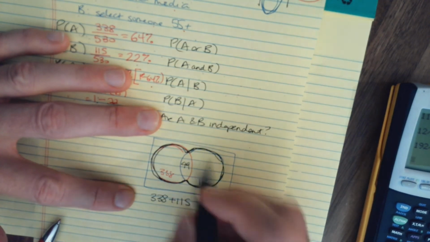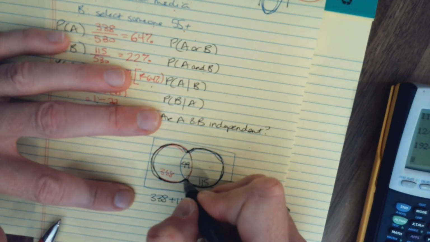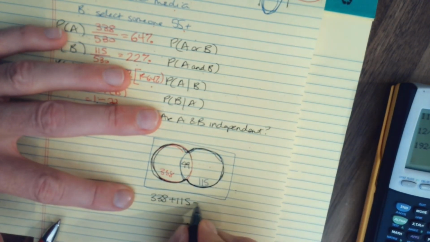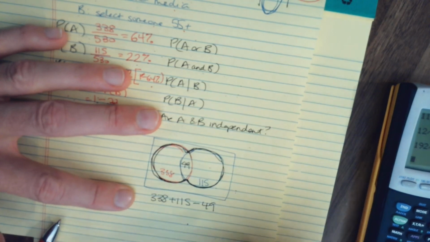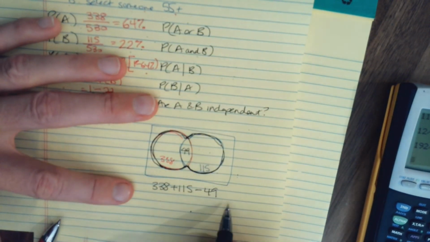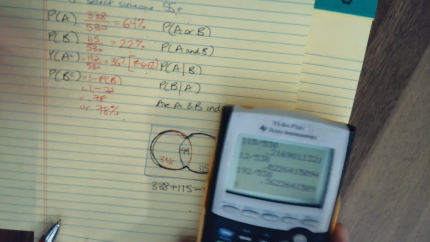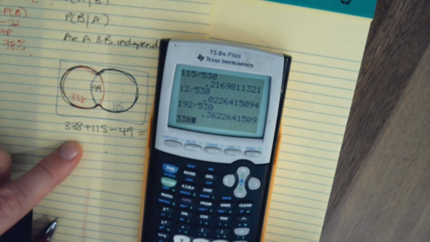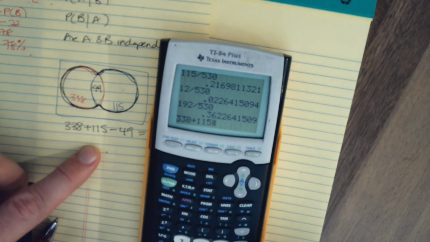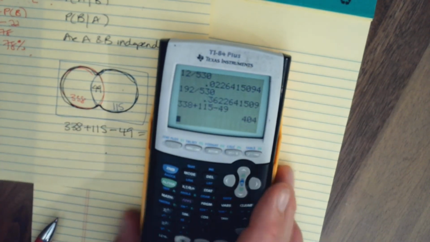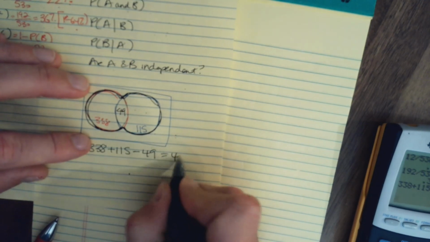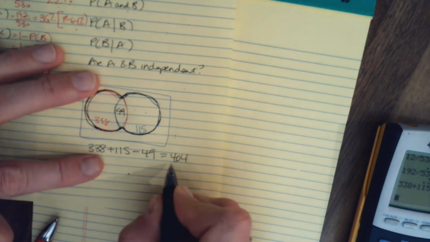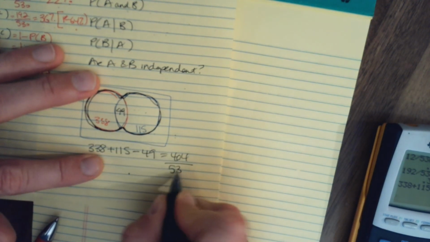But within that 338, I counted these 49 people, and again in the 115. So this is where I need to subtract off the 49. I'll just do this with my calculator. 338 plus 115 minus 49. So that's 404. And this is out of the 530.